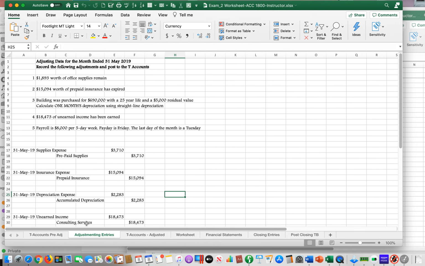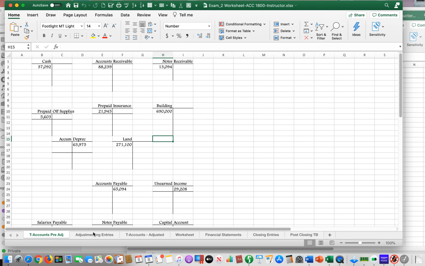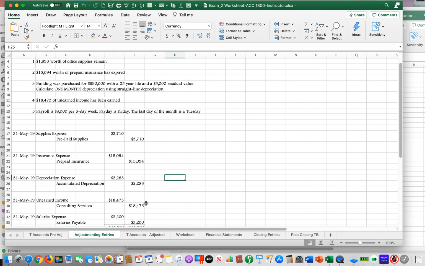So let's go to the adjusting entry. Now, $18,000 of that has now been earned. You've done the work and earned that much of the $29,000. So you're going to reduce this liability. Don't forget, unearned income is a liability. A liability normally has a credit balance.